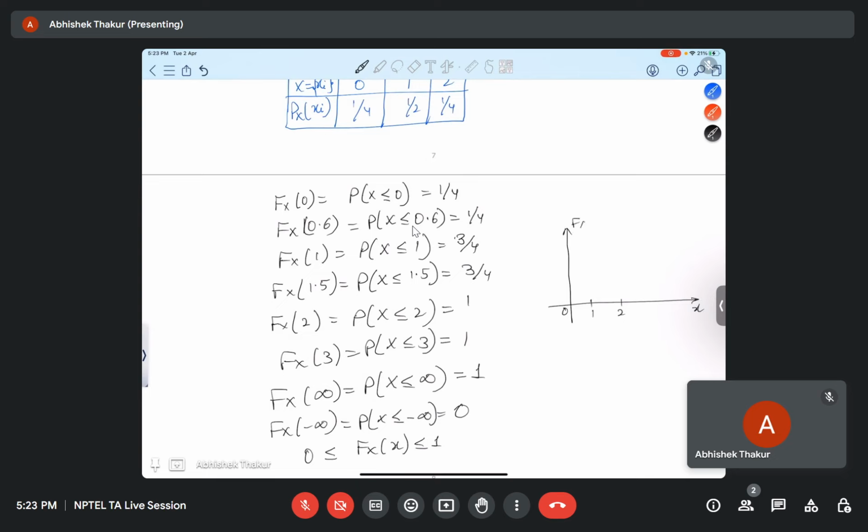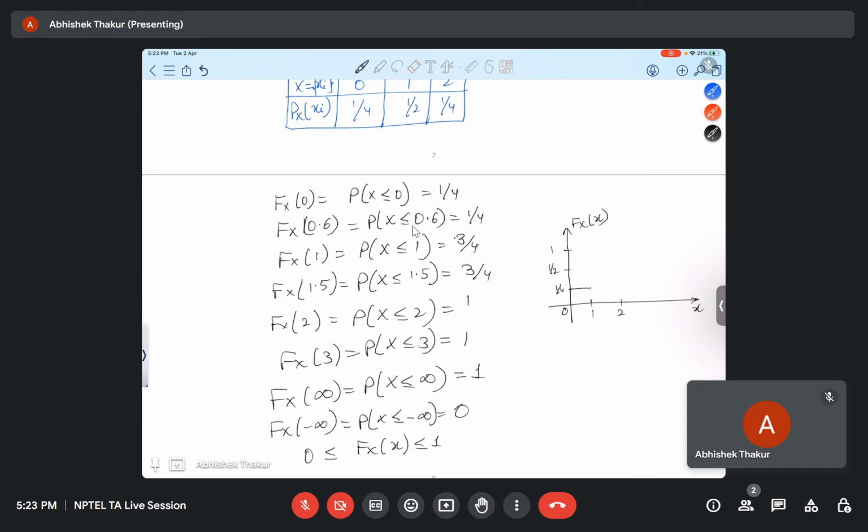On the y-axis we are showing the probability distribution function, or cumulative distribution function. So at X equal to 0, it is 1 by 4. So this is 1 by 4, this is 1 by 2, and this is 1. Till X equal to 1, it is 1 by 4.